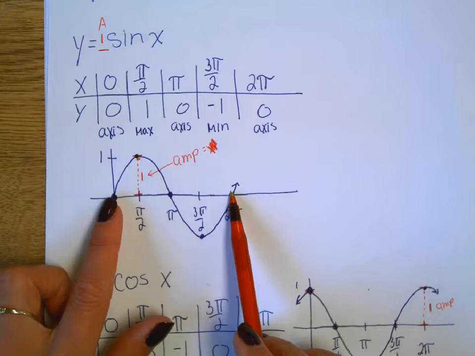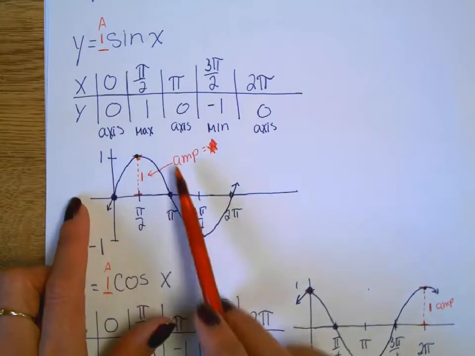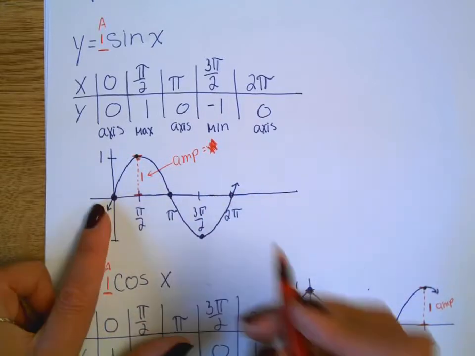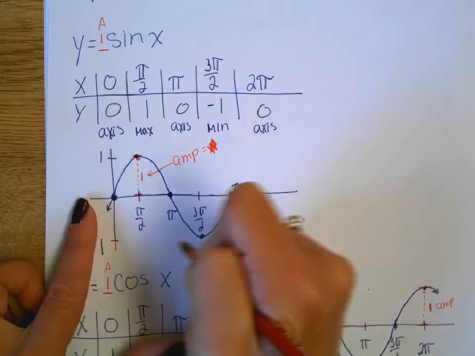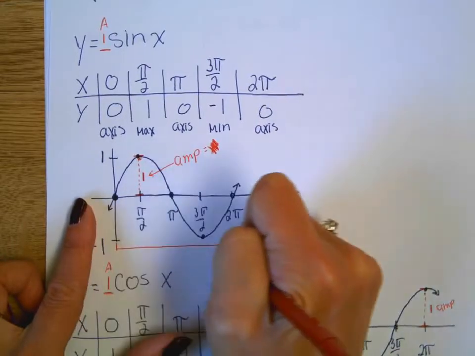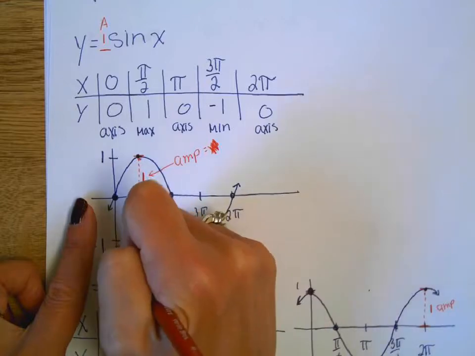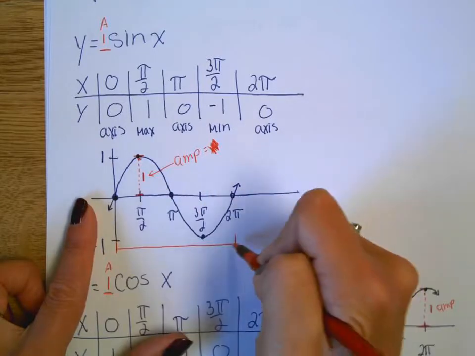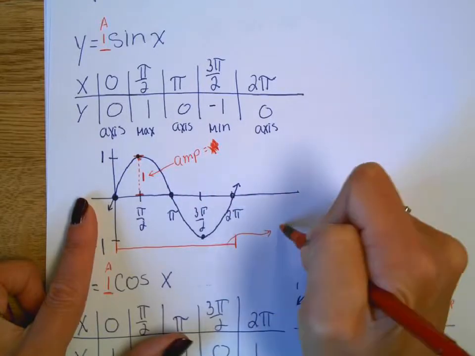Now we're talking about the period length, how long it takes to complete itself. So from the start to the finish this way is the period.